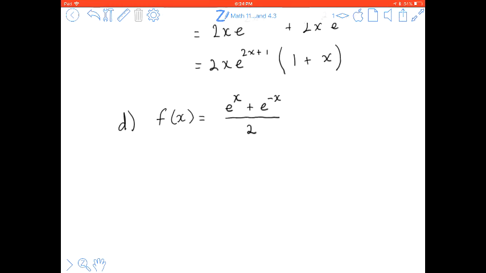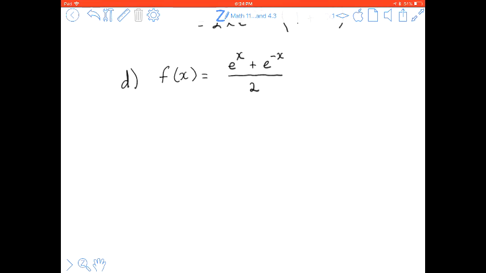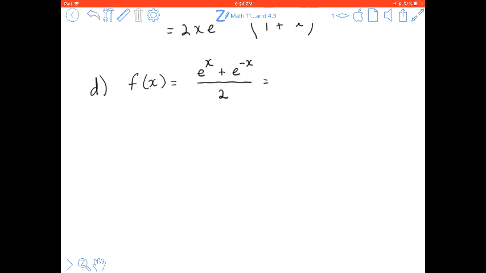At first glance, you may think, okay, this is going to be a quotient rule because we have a numerator and a denominator. But like we talked about several times, this expression has several terms in the numerator, but one single term in the denominator. So you could think about this as separate fractions, and then you even go one step further.